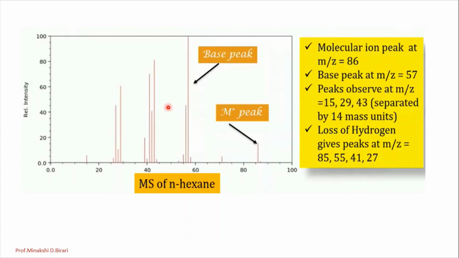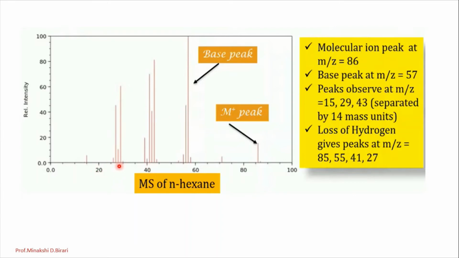Other peaks are observed from a number of fragments, like the peak at m/z 15, then at 29, at 43, and each peak is separated by 14 mass units. Again, there are other fragments which may be formed due to the loss of hydrogen, and that gives peaks at m/z 85, 55 and 41 and also at 27.